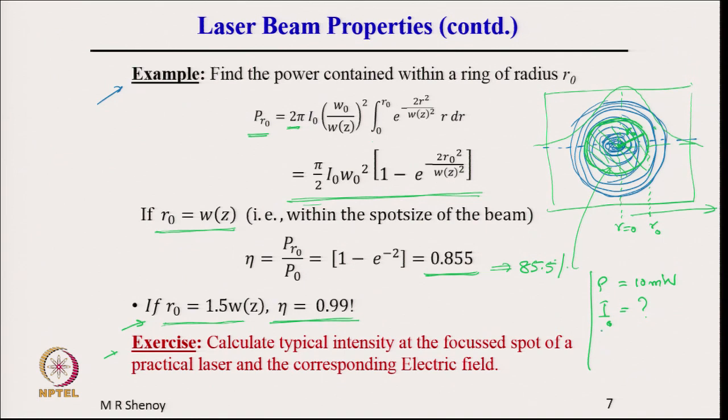I 0 is related to the electric field. We know that the intensity I 0 is proportional to mod E square. There is a factor outside, but it is proportional to E square, where E is the electric field. So, the question is to calculate first I 0 and determine what the field E is corresponding to 10 milliwatt, for example.